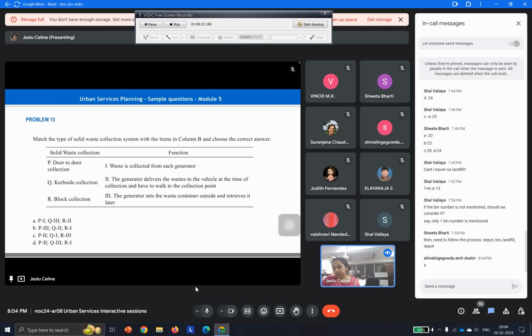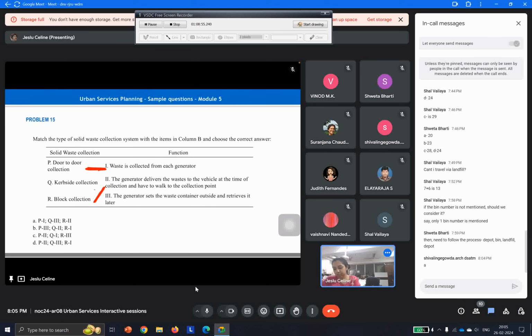Match the type of solid waste collection system with the items in column B and choose the correct answer. Door-to-door collection system, curbside collection system, and block collection system. This also we have discussed. We can quickly answer this. Door-to-door collection, waste is collected from each generator. Now, when the generator walks a certain distance to the collection point and gives it, then a person arrives to collect, that is a block collection system.